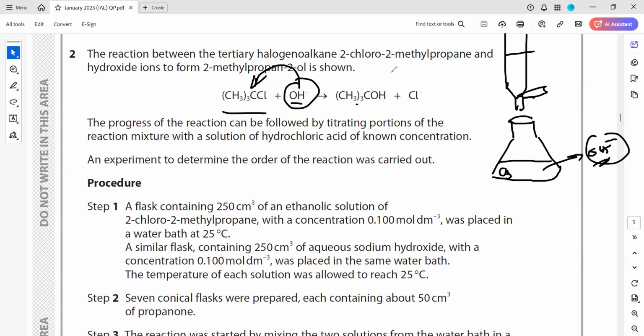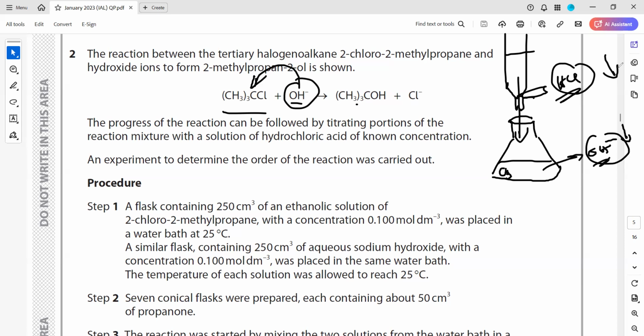So what will happen to the amount of the titer, the hydrochloric acid which we need? Do we need more hydrochloric acid or less hydrochloric acid if we don't carry out the titration immediately? Means instantly, like once you remove a sample. If OH reacts with the halogenoalkane, the amount of OH will decrease, so the amount of hydrochloric acid needed will also decrease.